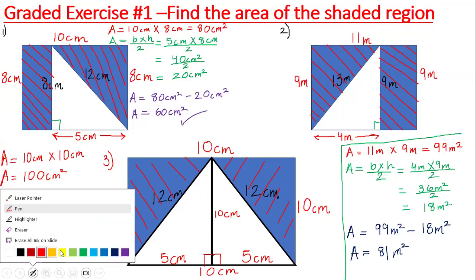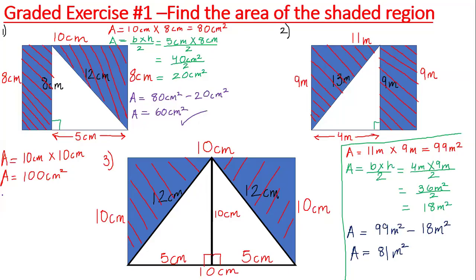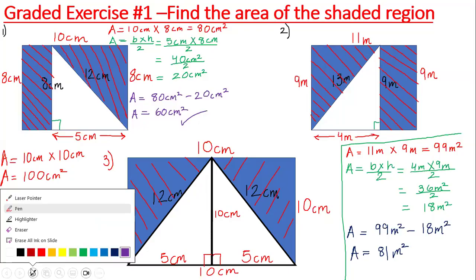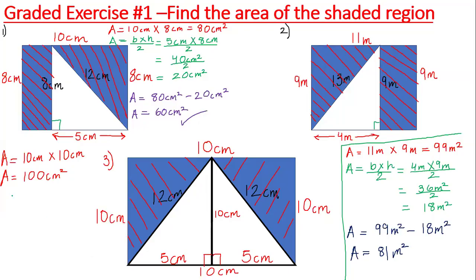For the area of the triangle, it's base times height divided by 2. So the base is 10 and the height is 10. So that's how you did it? Or did anyone do half, like 2 triangles? I did. You did the 2 triangles.